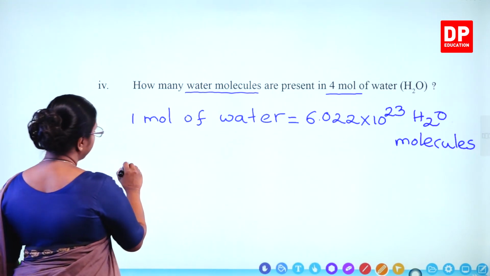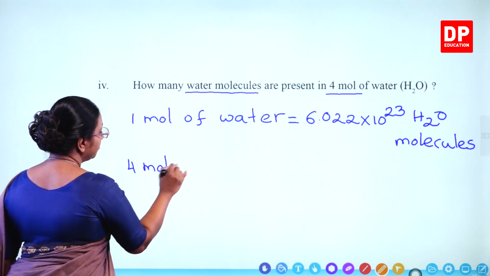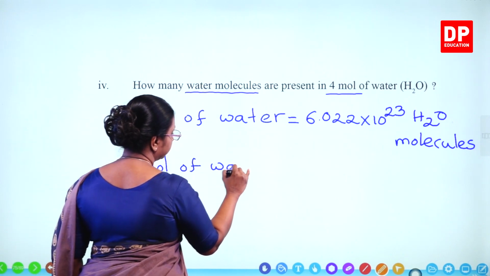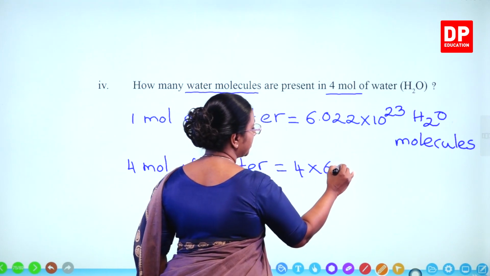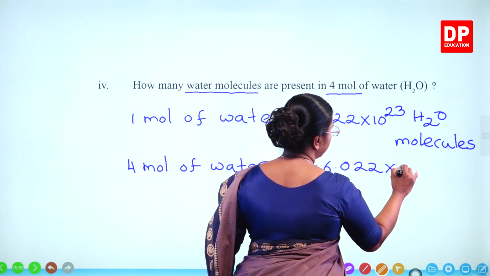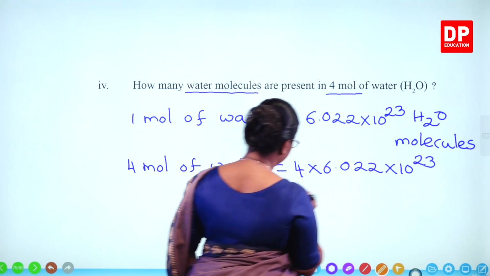So we need to find for 4 moles of water. It contains 4 into 6.022 into 10 to the power of 23.